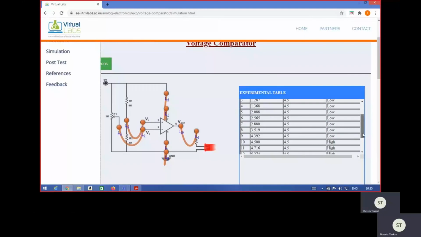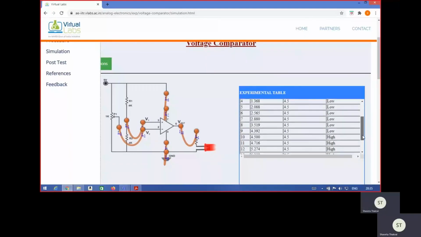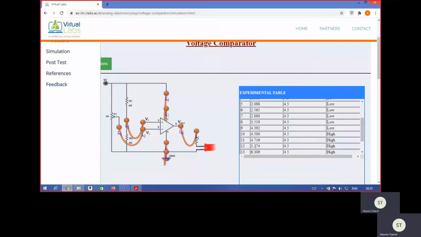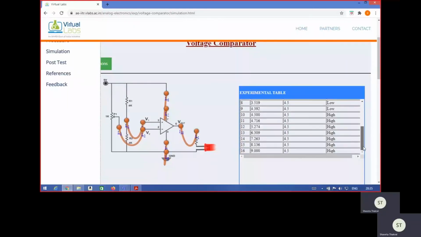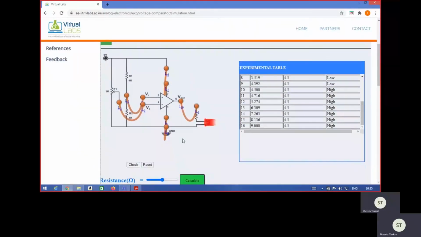And for the rest of the readings, when the input voltage is greater than reference, the output is again high. And here we have checked in the last all the three cases. We have verified that if input is less than reference, then output is low. If input is equal to reference, then output is high. And if input is greater than reference, then again the output is high.